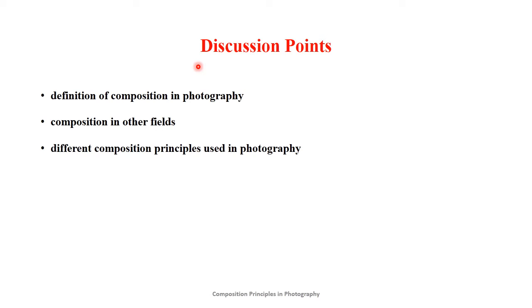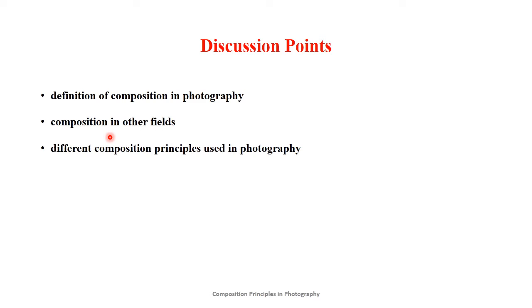So what are the various discussion points? We are going to discuss, first of all, the very definition of the composition used in photography. The students will come to know about the very meaning and explanation about the composition in photography. Then they would come to know what other fields are in which the very concept of composition is used.